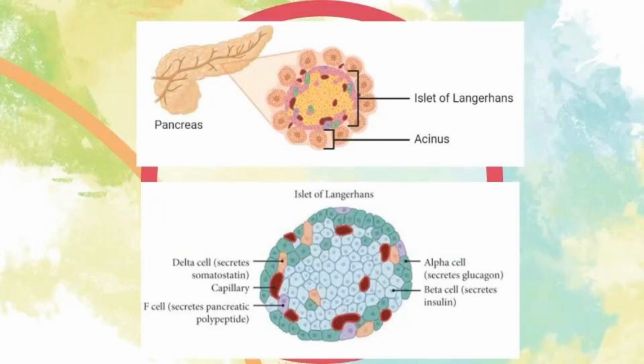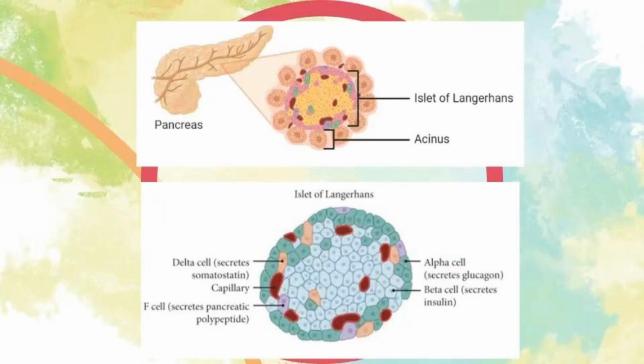The islets of Langerhans are made up of several types of cells, and they have different names and they secrete different hormones. We're going to be focusing on the alpha and beta cells today, but there are also a couple of other cells within the islets of Langerhans, such as the delta cells, which secrete somatostatin, and the F cells, which secrete pancreatic polypeptide, but you don't need to worry about those cells too much.